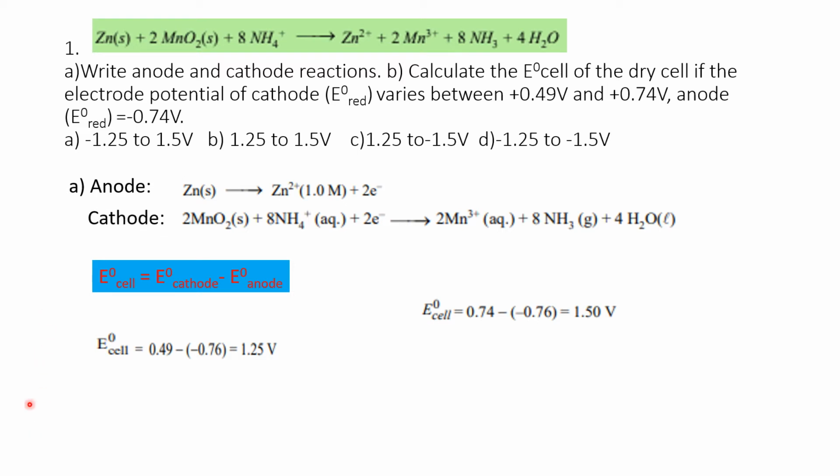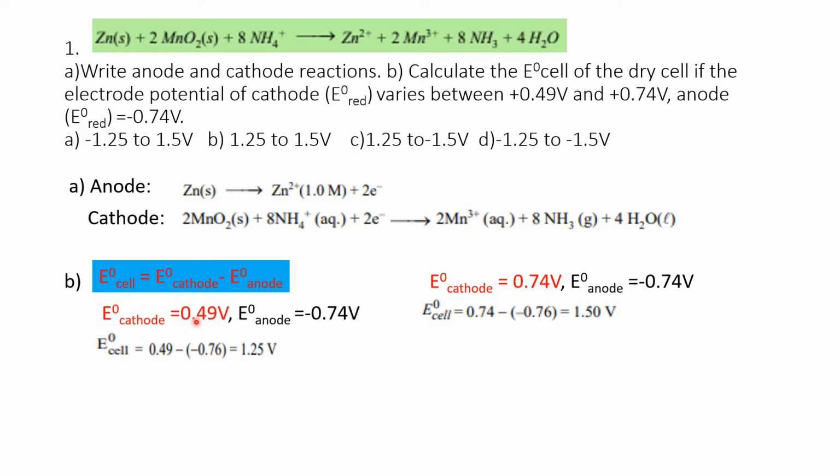And the second question is the E0 of the cell. E0 of the cell is equal to E cathode minus E anode. They have given 2 values of E cathode and only 1 value of E anode. So you need to find the E0 cell for the 2 values of E cathode. The first one is 0.49, and E anode is the given value.